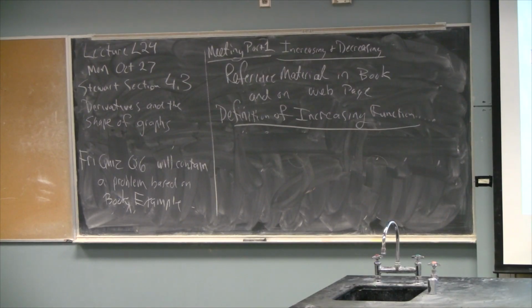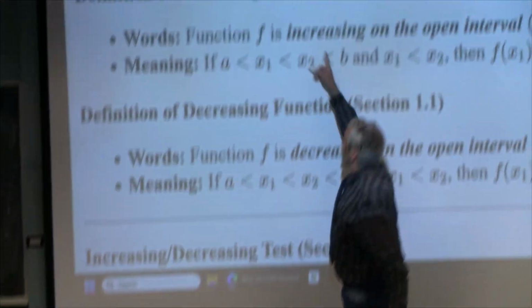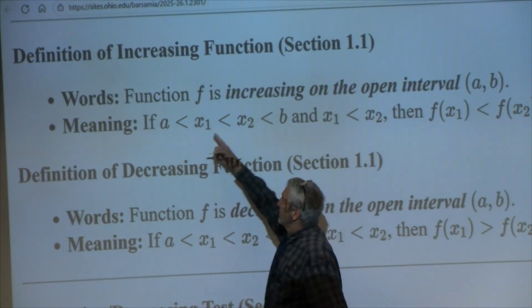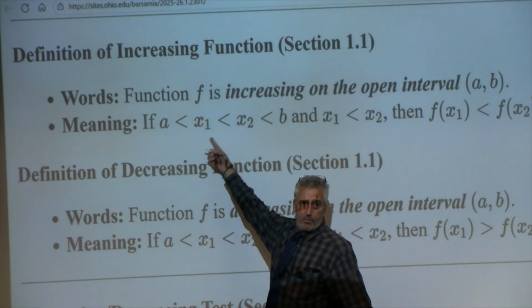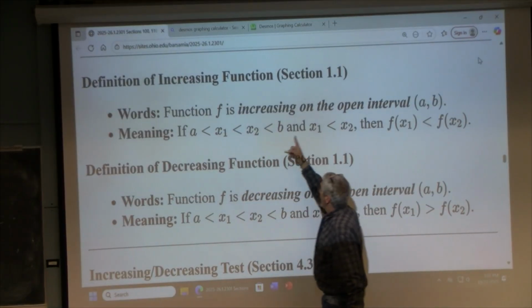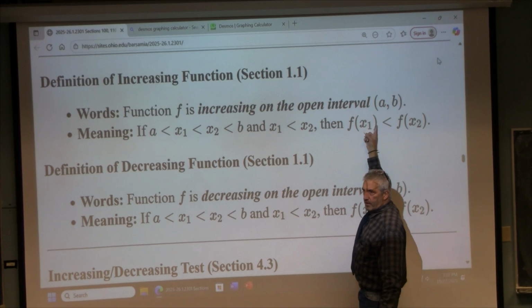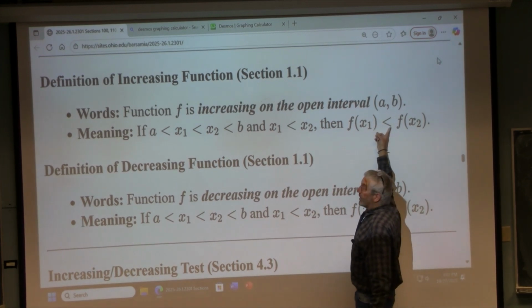So here's the definition of a function increasing. We say a function is increasing on an interval a,b if, when you pick x's within the interval going from left to right, so if x1 is less than x2, then the y values have the same inequality: y1 is less than y2.